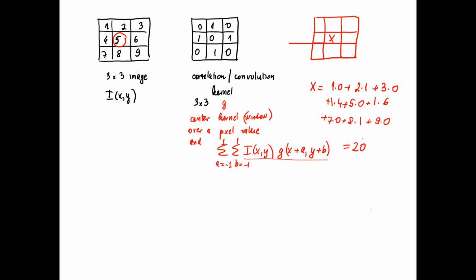Now technically I should be able to place this kernel on every pixel. This is a very simple image, my 3 by 3 image, I. So technically I need to pad this image. Just like in any numerical scheme, I'm missing values on the boundaries.